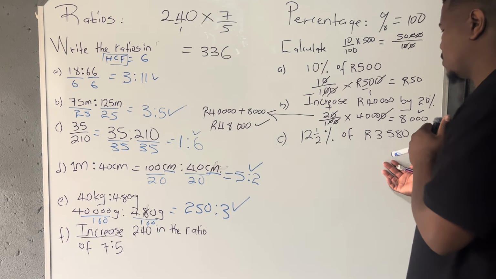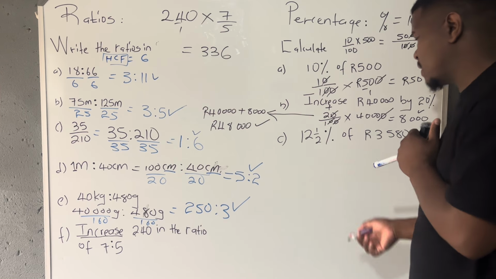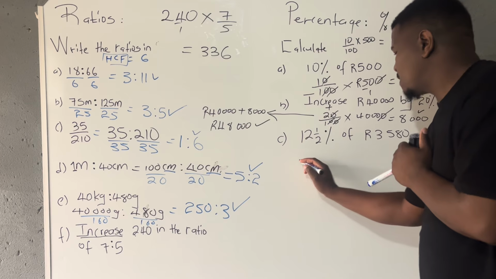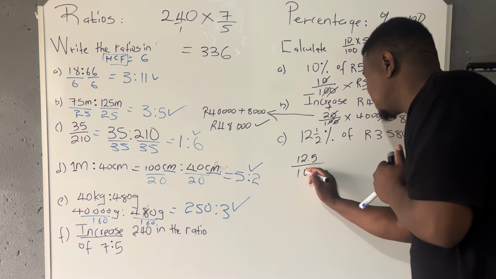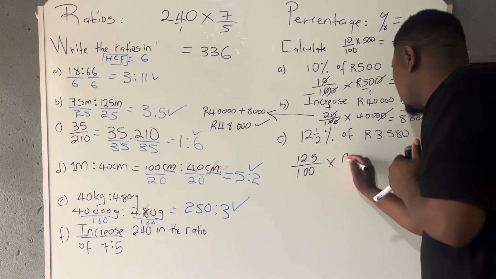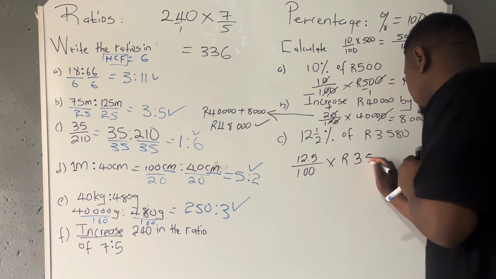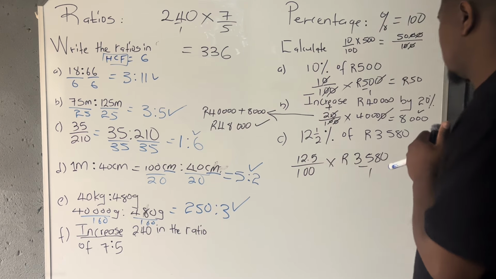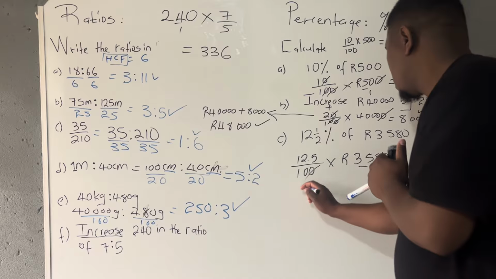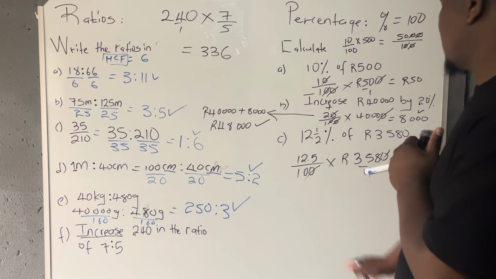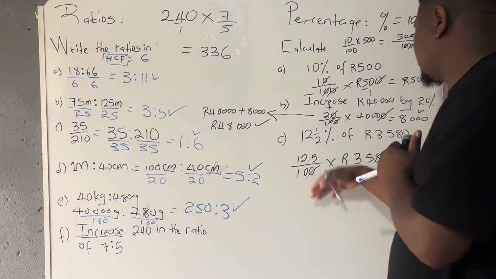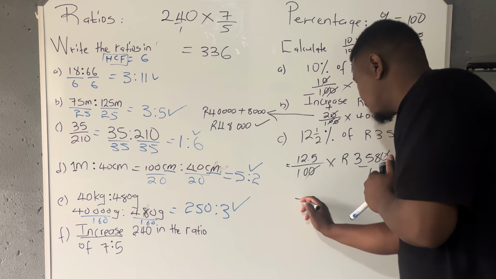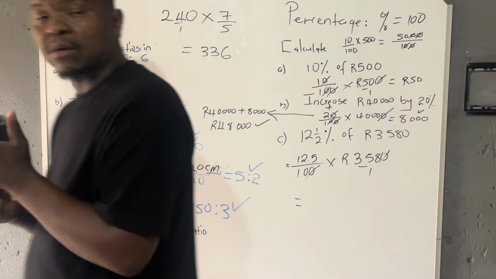Now, the same applies to this one. This C and A actually are the same. So this is like 12 and a half basically. So we just say 12,5 divided by 100 times this amount. Right? Now, obviously, we have to say 12,5 times 358 divided by 100. So in this case, I can just punch a calculator for that.